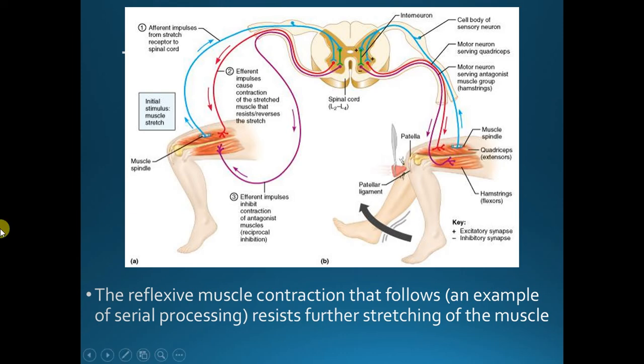Afferent impulses from the stretch receptor to the spinal cord. Also, the first initial stimulus is muscle stretch from the muscle spindles.